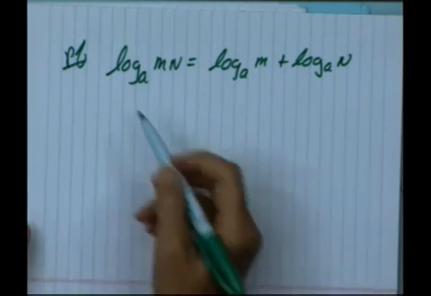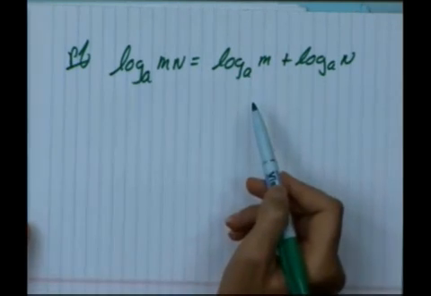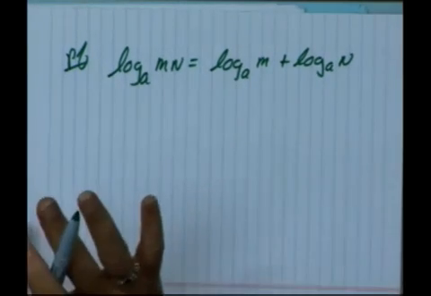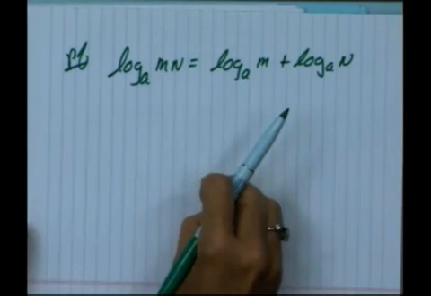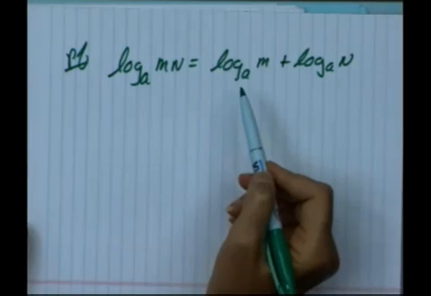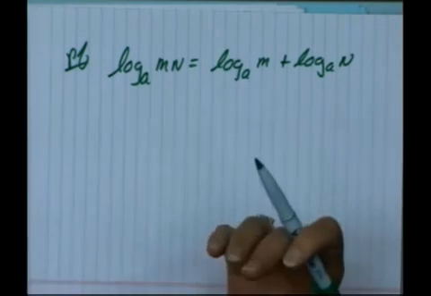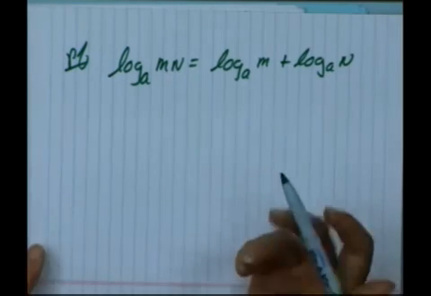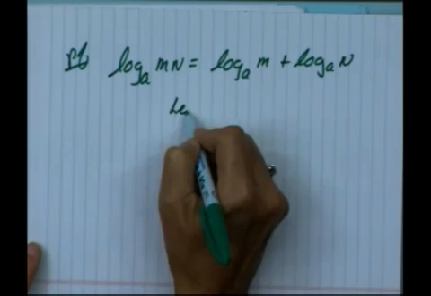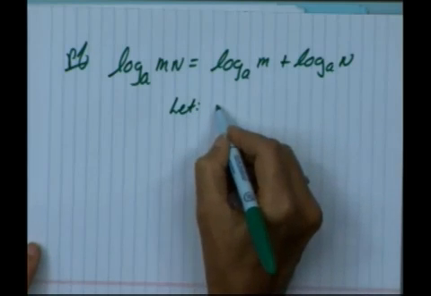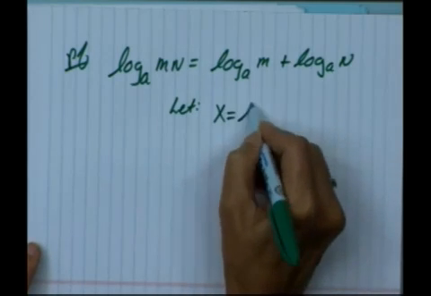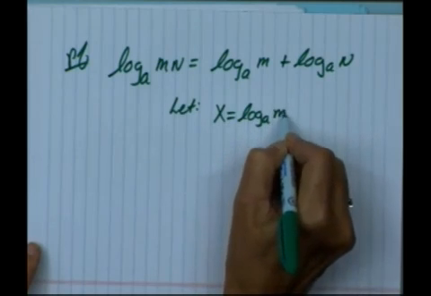All right, if you were trying to prove something you didn't know anything about, you always go back to what you do know. So we all know how to work with properties of exponents. And you know there's a relationship between exponents and logarithms. So I'm just going to come under here to get us started. I'm going to say let x be log to the base a of m.